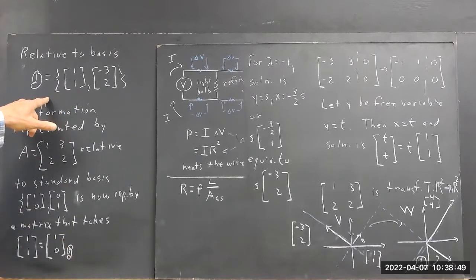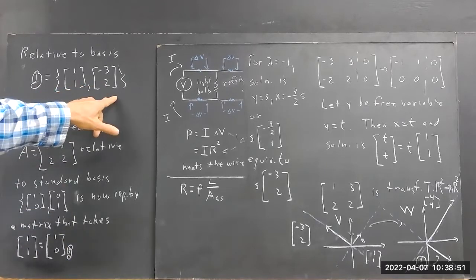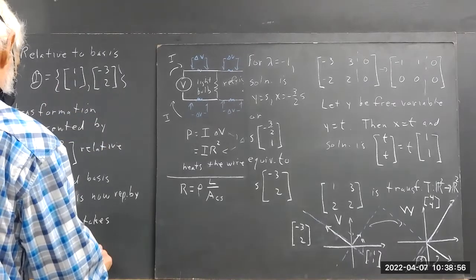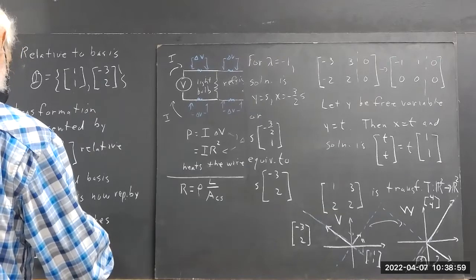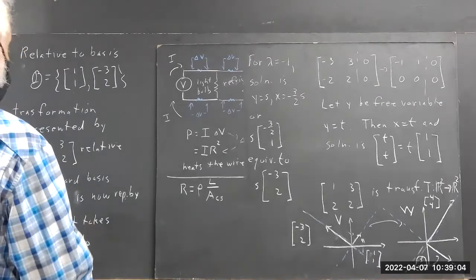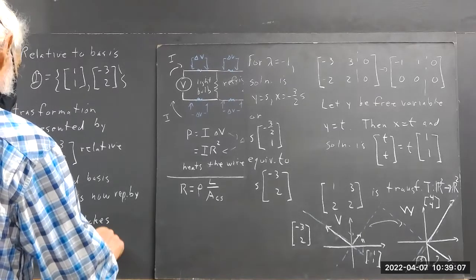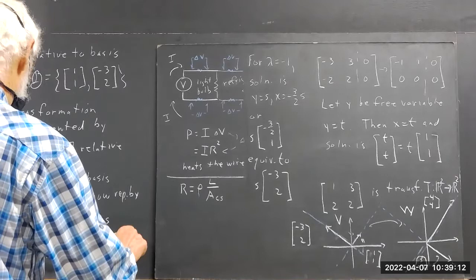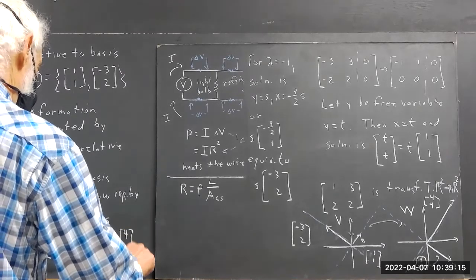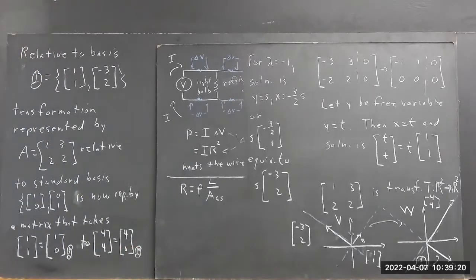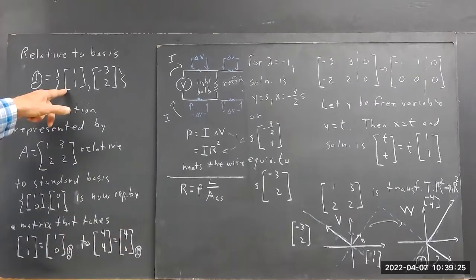According to this basis, it's 1 times this plus 0 times this. It takes this to 4, 4, which equals 4, 0 with respect to B, because 4, 0 with respect to B means 4 times this and 0 times this.